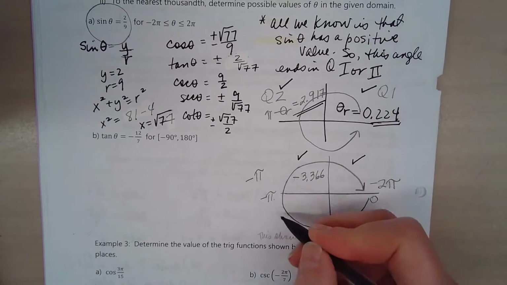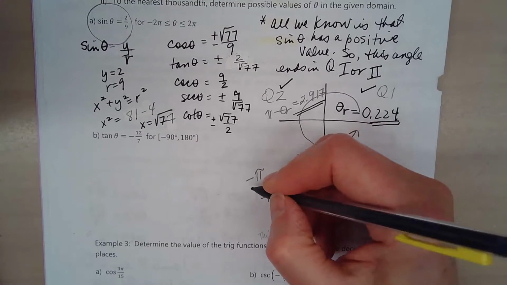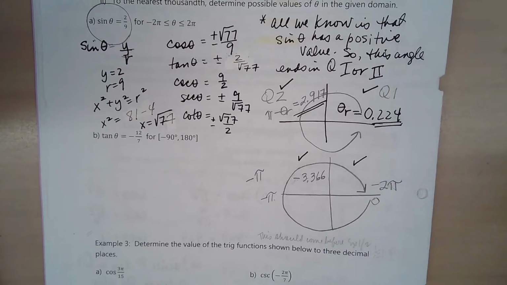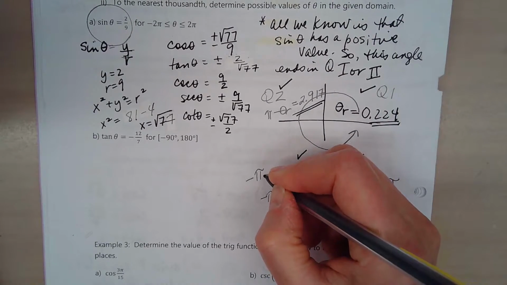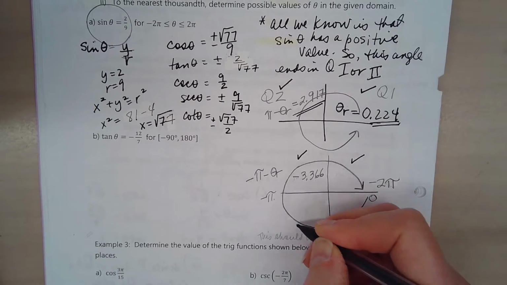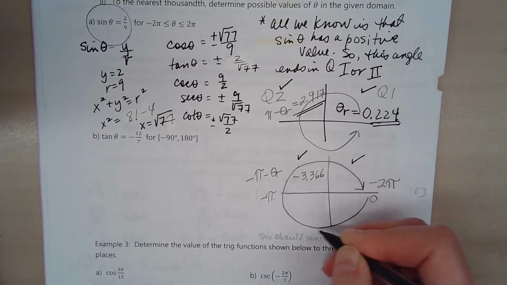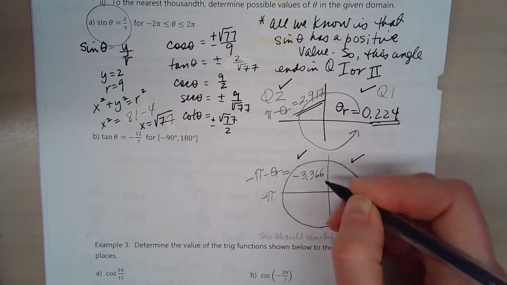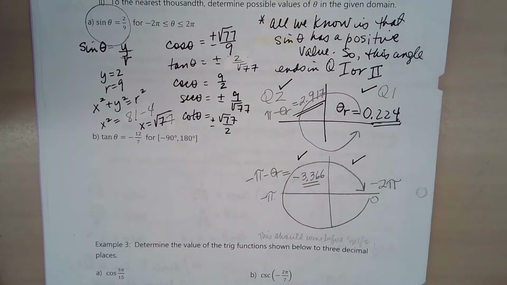So I'm getting more and more negative. I just did negative pi minus my reference angle. Okay, the reason I did minus is I'm going in the negative direction, right? Okay, and that gave me this as an answer, negative 3.366.